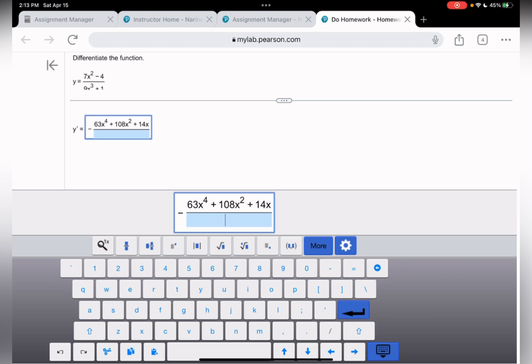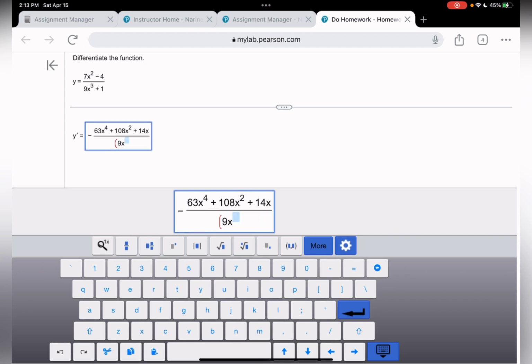So we are getting here parentheses, and 9x to power 3 plus 1, closing parentheses and raising to power 2.